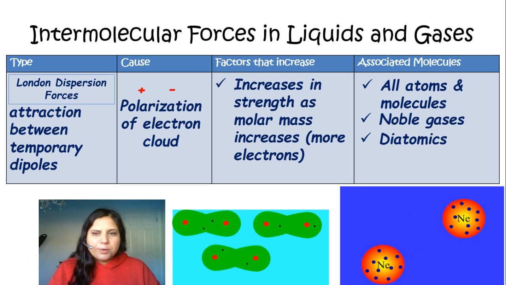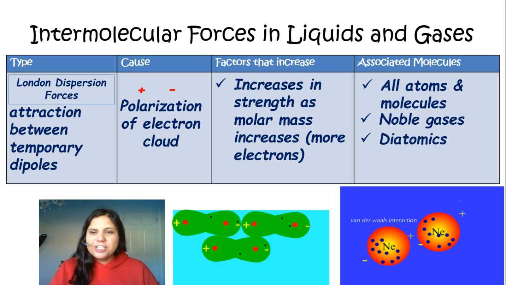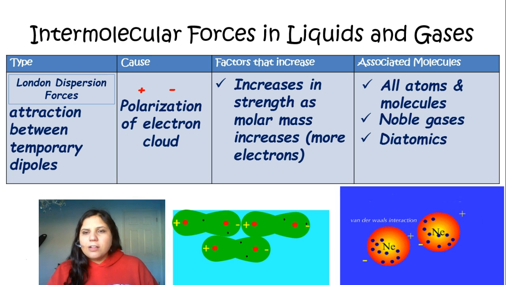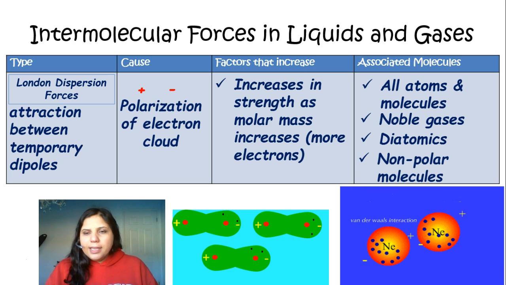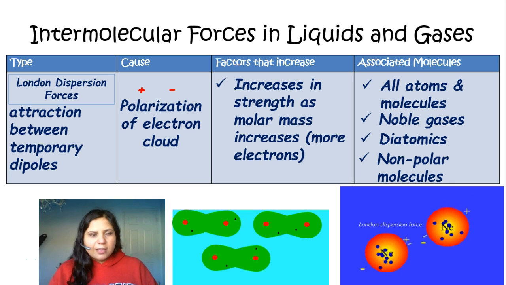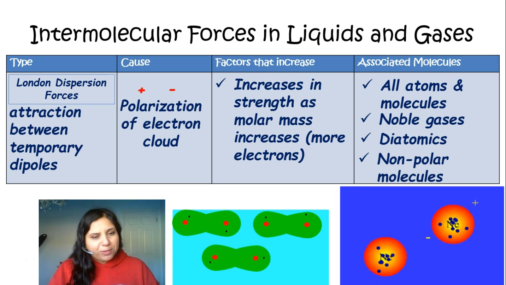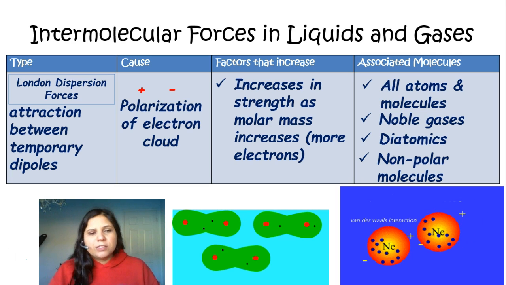Remember Brinkelhoff: bromine, iodine, nitrogen, chlorine, hydrogen, oxygen, fluorine, those aren't going away. Those all would have just London dispersion forces. And any other nonpolar molecule. So hopefully you remember about polarity and how to look at the structure of a molecule to determine whether it's polar or nonpolar.